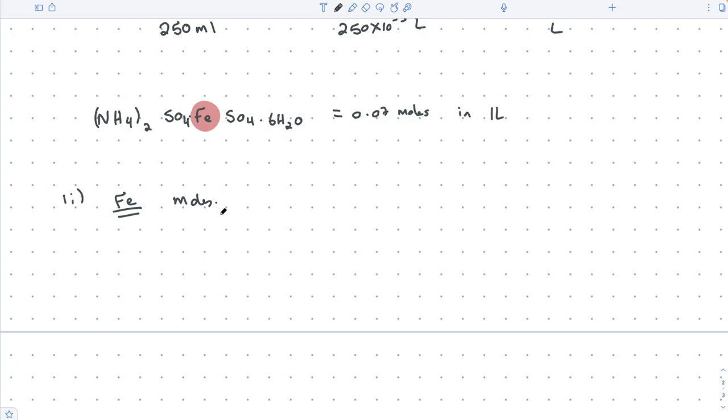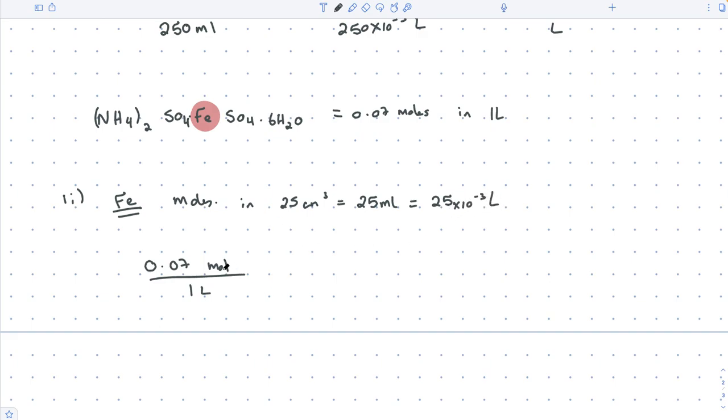So to get the moles of iron in 25 centimeters cubed, I'm going to say I have 0.07 moles per 1 litre. I'm going to change this 250 centimeters cubed into 25 millilitres, and like I showed you a minute ago, change the milli into 10 to the minus 3 litres.